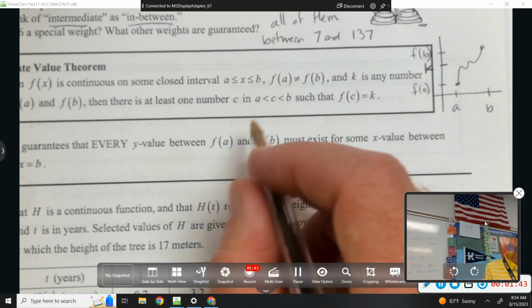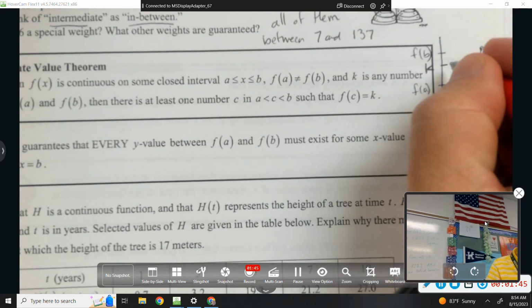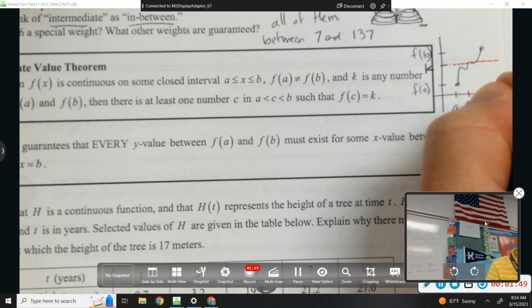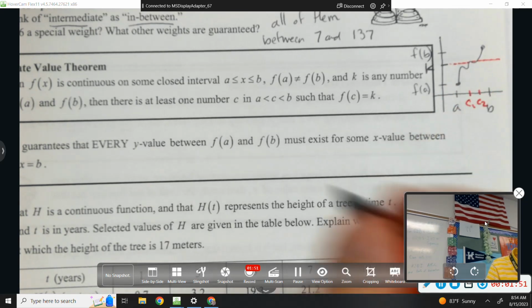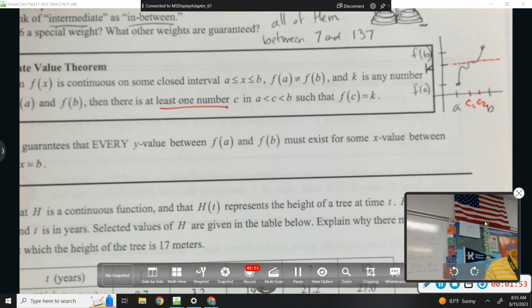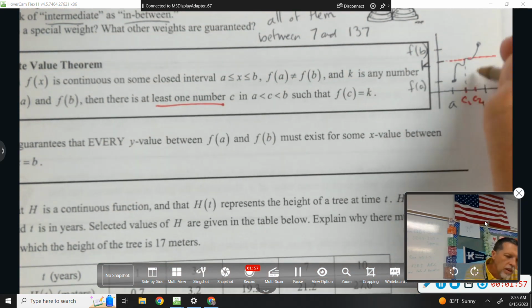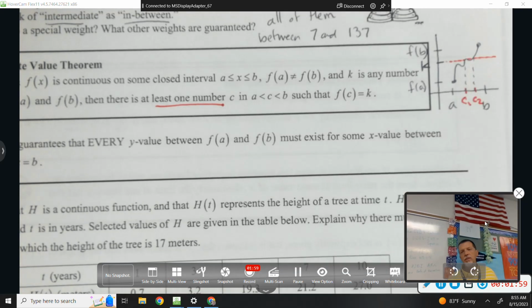Then there's at least one c that's also in the middle. The way I drew this, there might be more than one c. At least one that's in the middle. She could have been 86 pounds a couple different times, but she was definitely 86 pounds once. At least once.